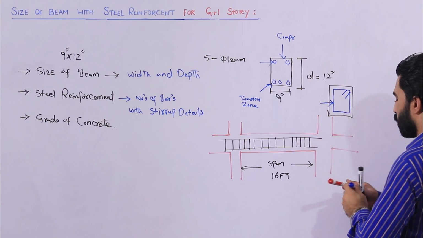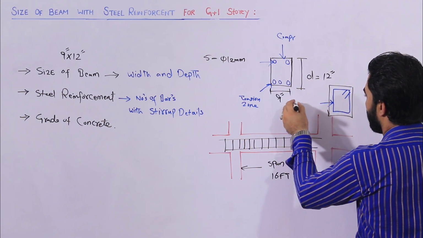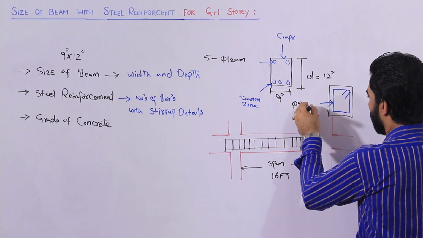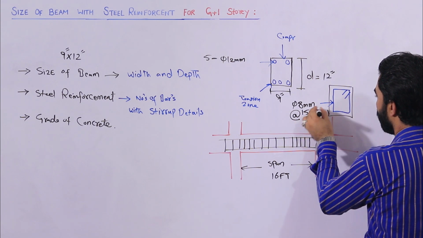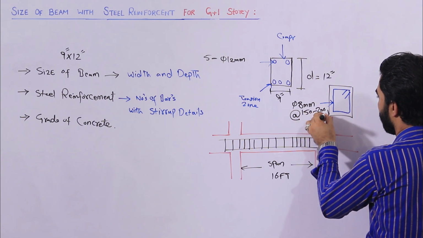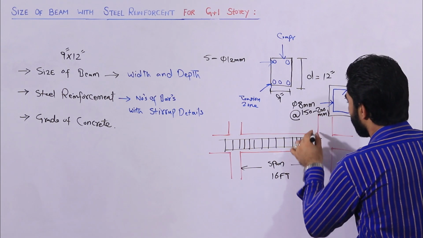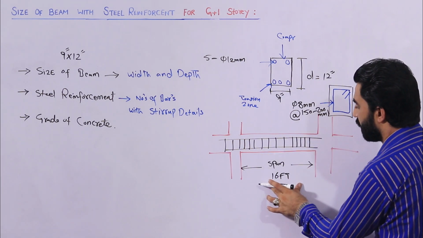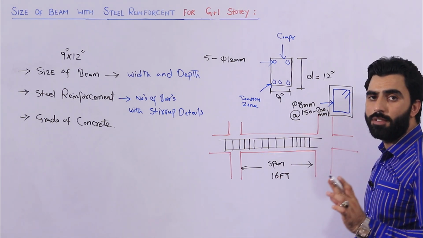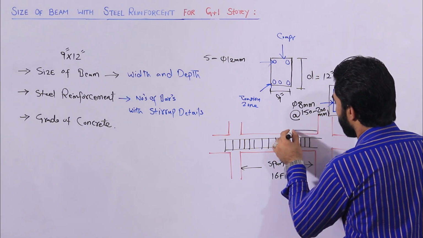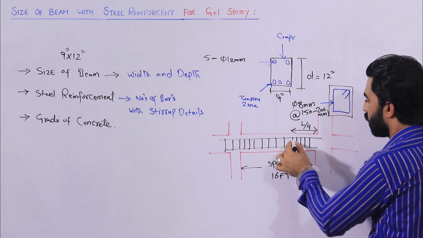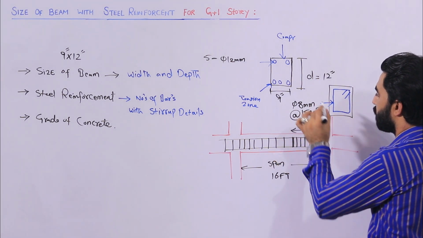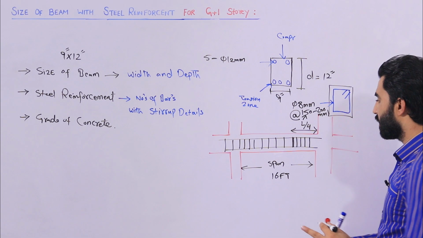The stirrup dia should be 8 mm with a spacing of 150 to 200 mm. It means at the distance of L by 4. Suppose this is 16 feet, so at the distance of 4 feet, at this place you can keep the spacing of stirrups at 150 mm or 6 inches.